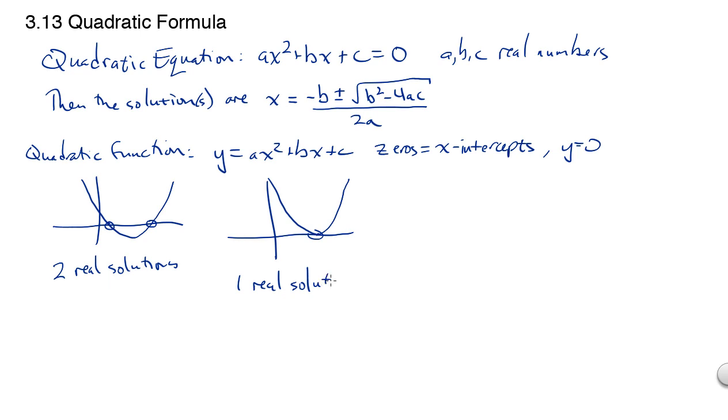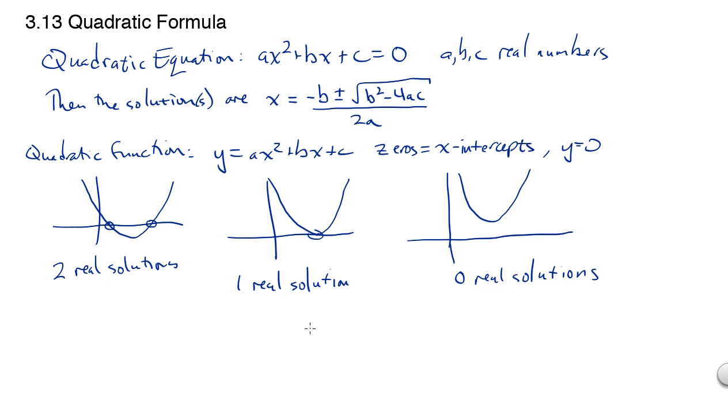Technically, it's what we call a repeated solution. Or, this graph could just not cross the x-axis at all. It could be floating up here. There are 0 real solutions. Basically, you'll have two complex solutions. In this case, complex numbers, getting into imaginary numbers and such, which I'm not going to get into right now.